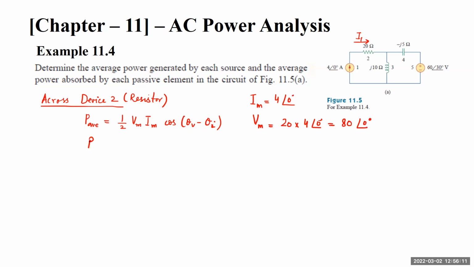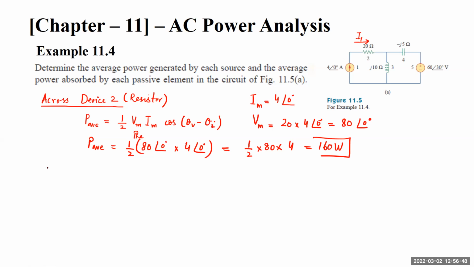So the average power is 1 by 2 times Vm, 80 angle of 0, multiplied by Im, 4 angle of 0, and taking the real component of this. If we do the phasor analysis, we get 1 by 2 into 80 into 4, and this comes out to be 160 watts. So this is the power that is being absorbed across this device.